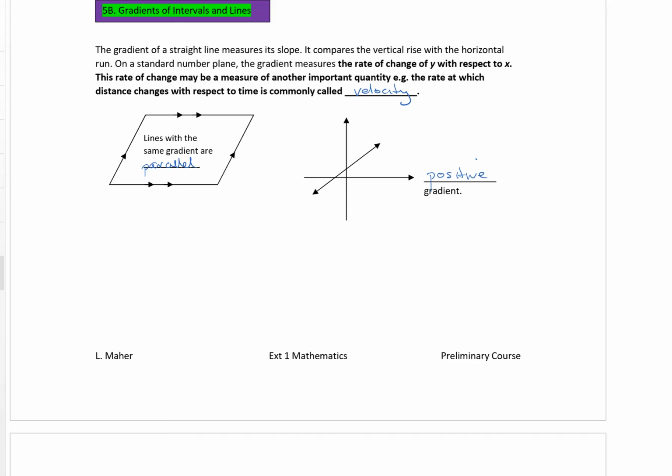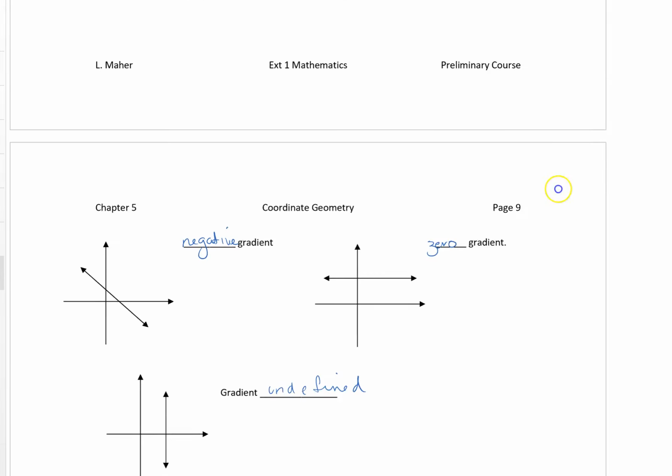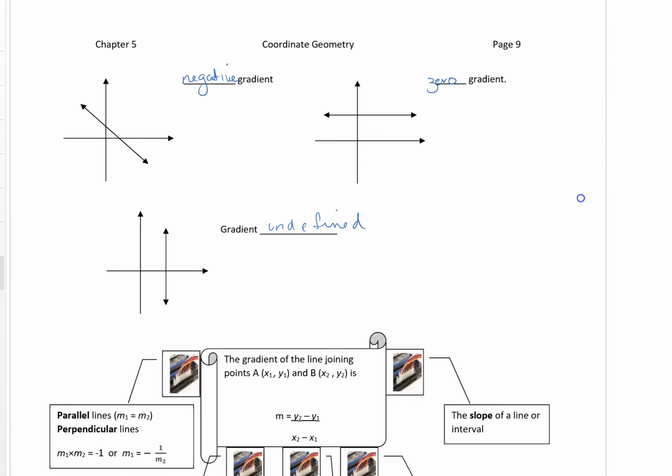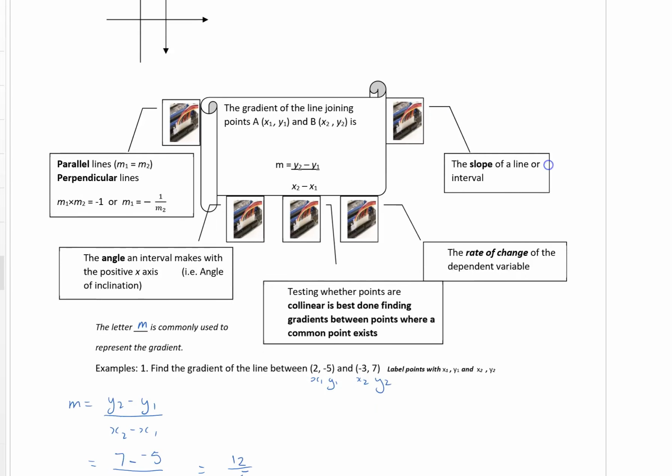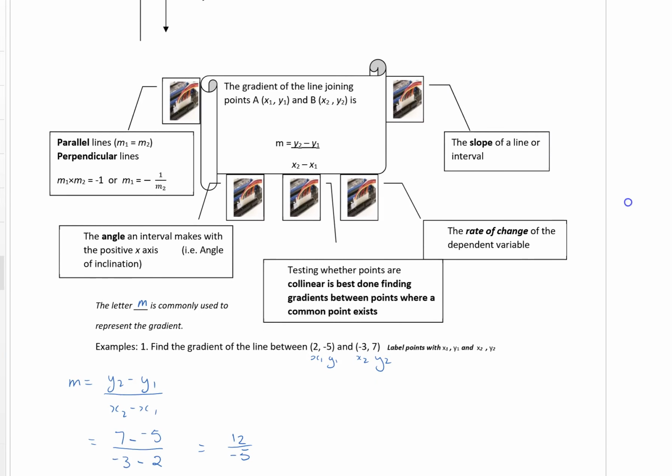So I just encourage you then to read through the notes slowly, highlight significant points. For example, all of these sorts of things here I'm sure you already know, but maybe this diagram is a diagram that you could modify to put into a summary.